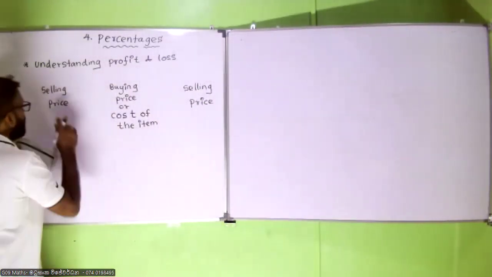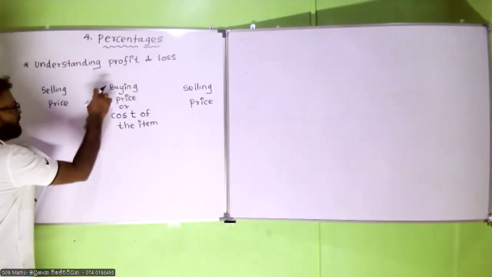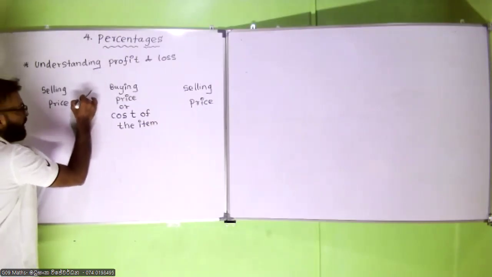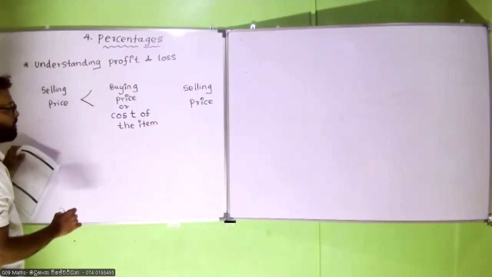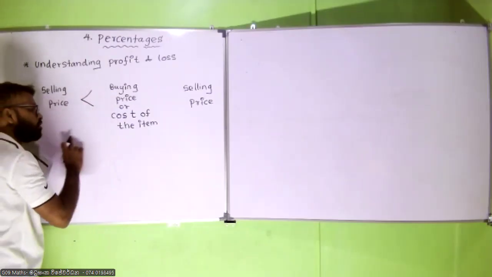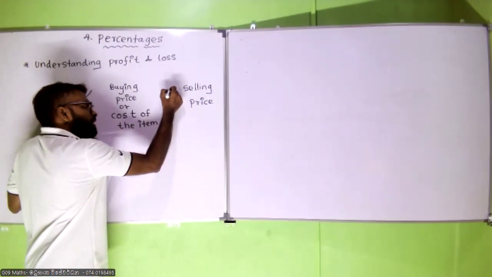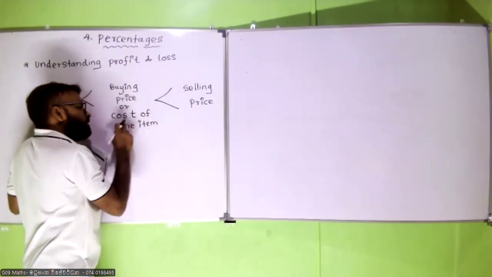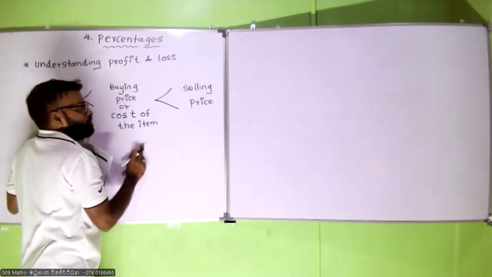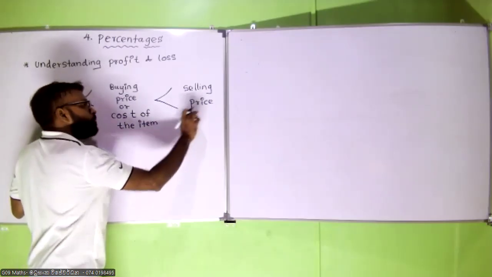I told you, if the selling price is less than the buying price, then you will have a loss. If the selling price is greater than the buying price or the cost of the item, then you are having a profit.